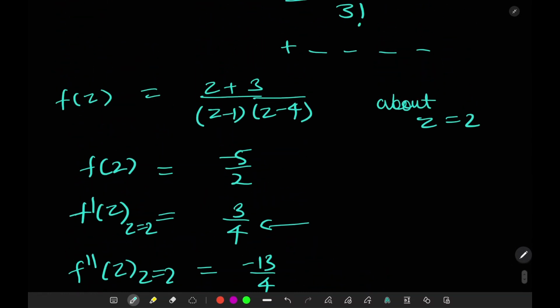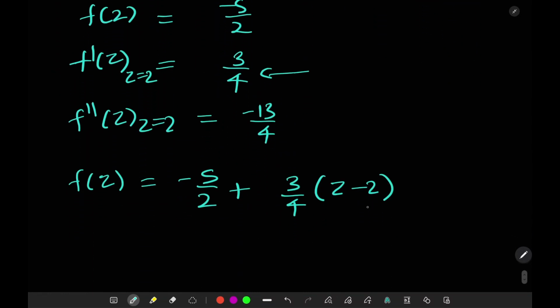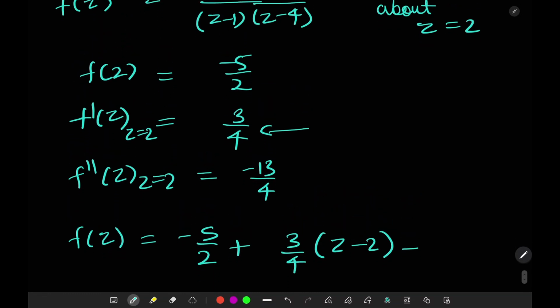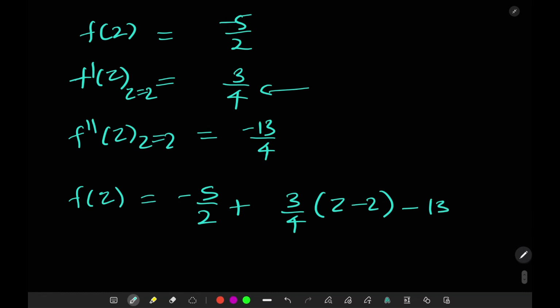Here we expand about z equals to 2, that's why we use here z minus 2. Next is minus 13 by 4 into factorial 2 into (z minus 2) whole square, up to so on.